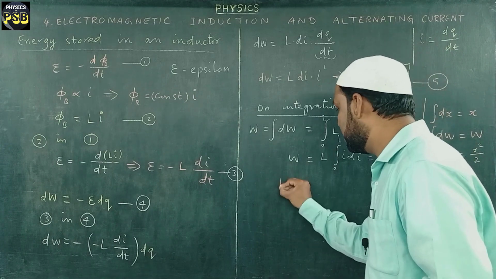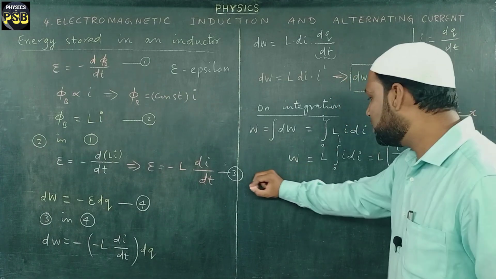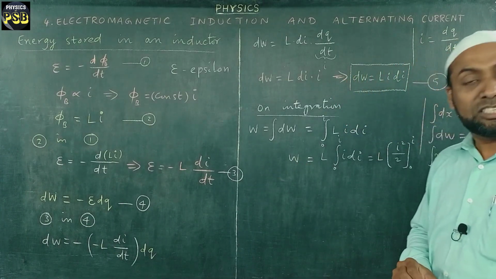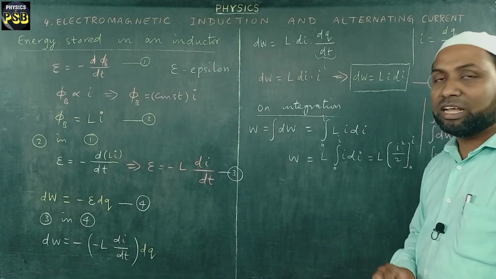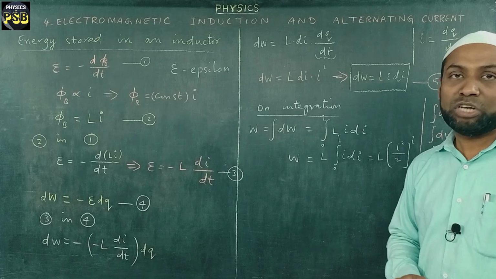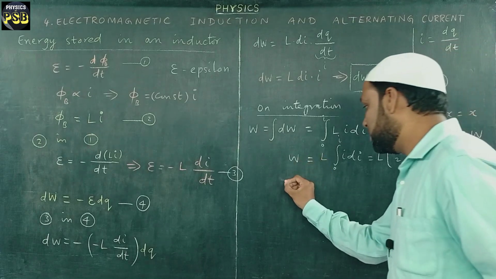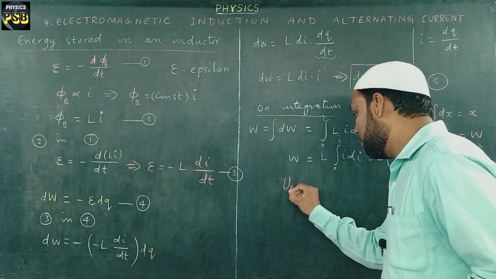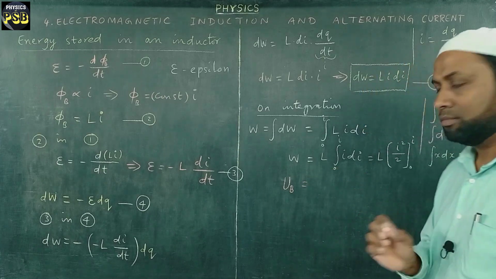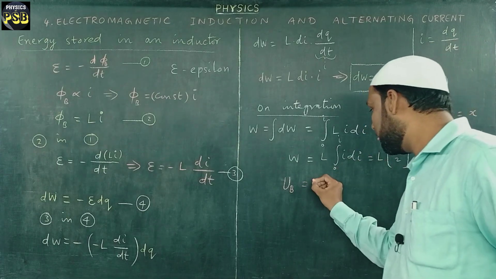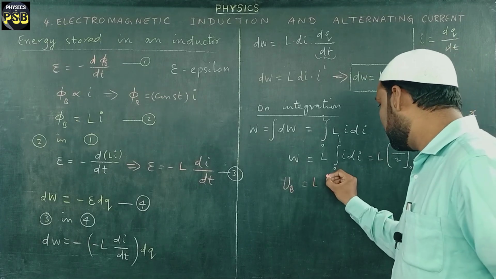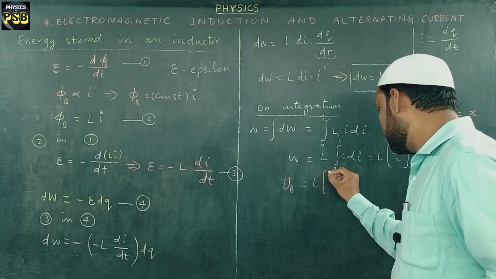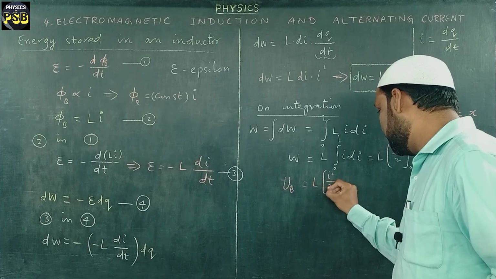I'll get this W. Here, the work done by the external agency to establish current in the coil is stored here in the form of magnetic potential energy, and it is represented as U B, capital U sub B. Clear? When I substitute the upper limit, this is L I square divided by 2.